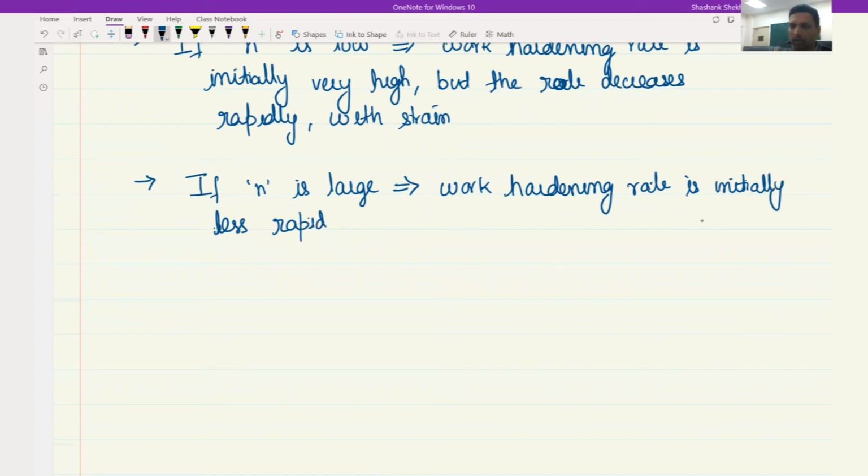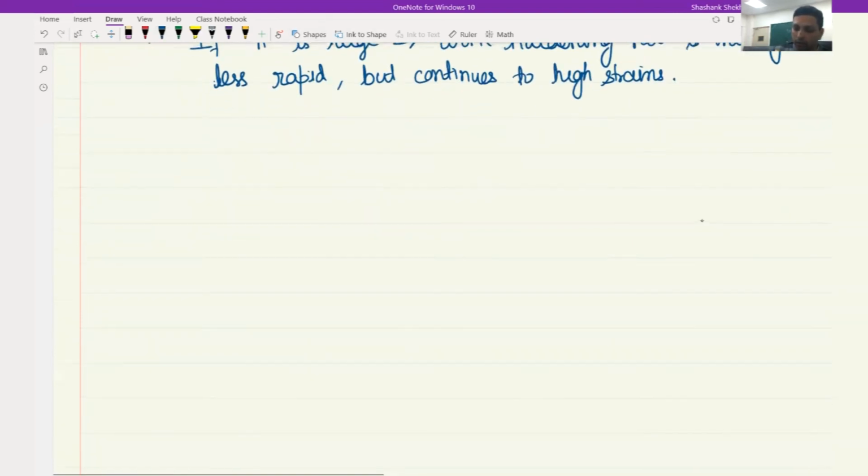So initially it is less rapid, but continues to rise. So if I were to schematically draw this, this is how it would look like.